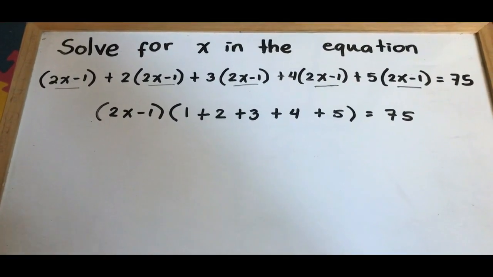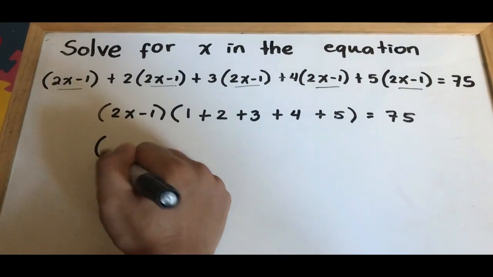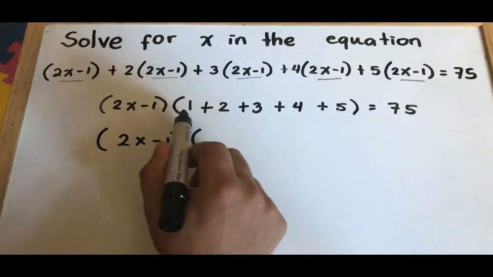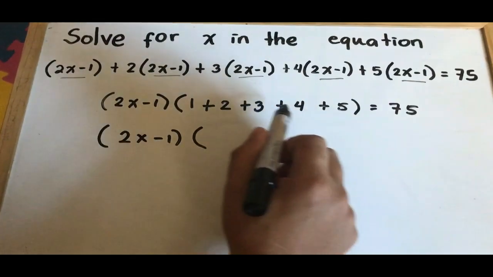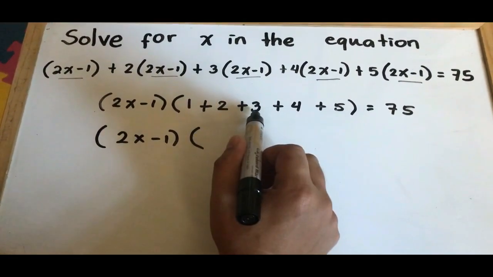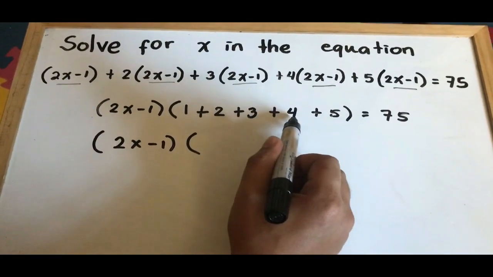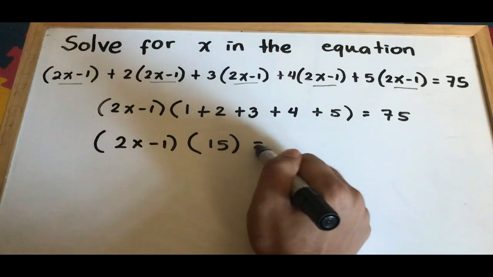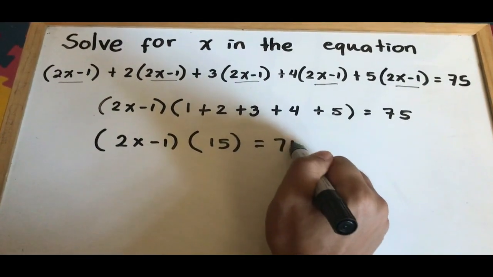Susunod na step, kopyahin natin yung common factor nilang lahat na 2x minus 1. Then, add natin yung mga factors. So, 1 plus 2, 3 plus 3, 6 plus 4, 10 plus 5, 15 is equal to 75.